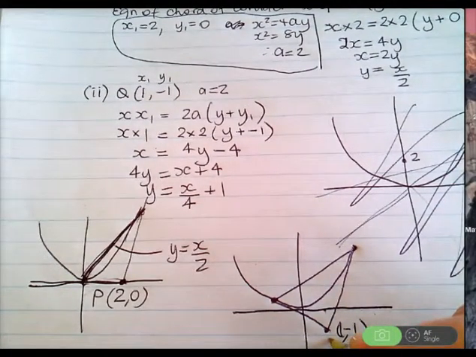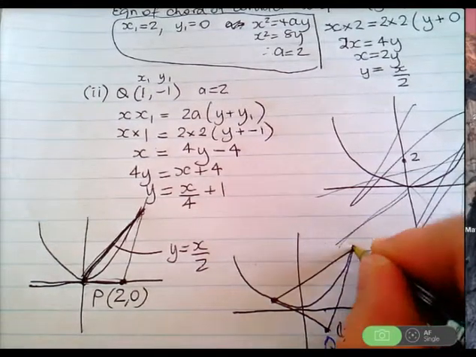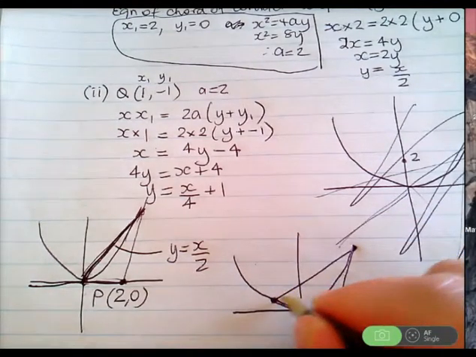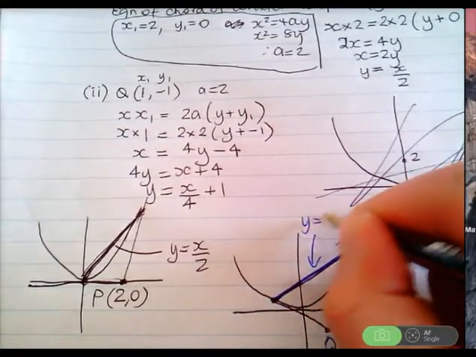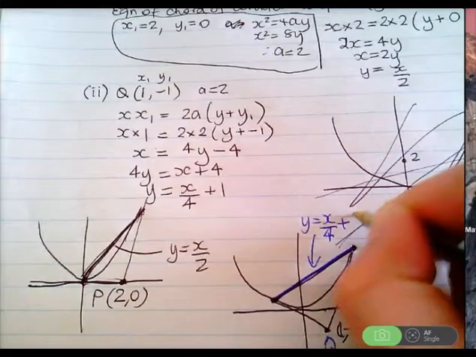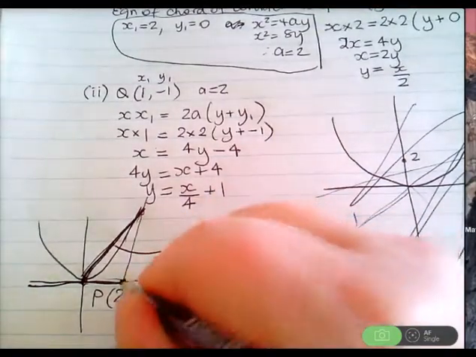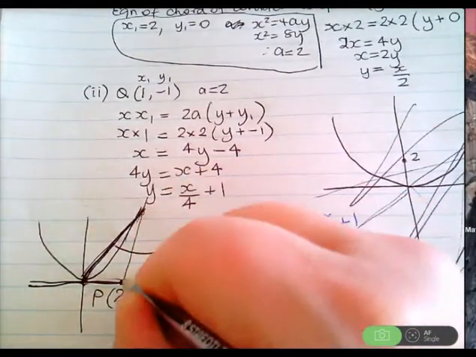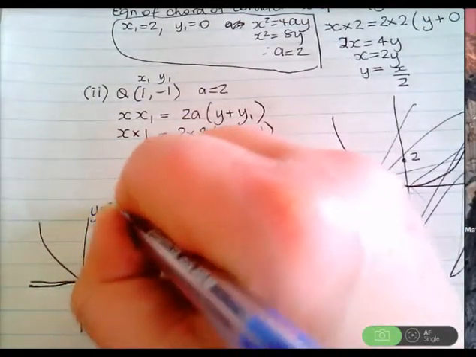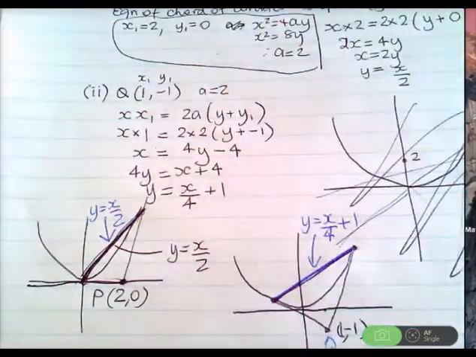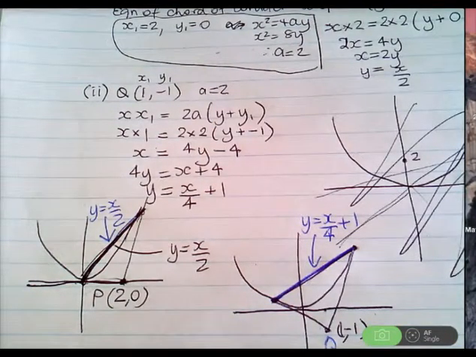Here's point Q. A tangent's drawn to the parabola there, and a tangent there. This blue one here is the chord of contact. It has equation y equals x on 4 plus 1. This is point P. Draw a tangent to the parabola there and there. This black line here is the chord of contact, what we did in part 1 up there. Do you get the idea?